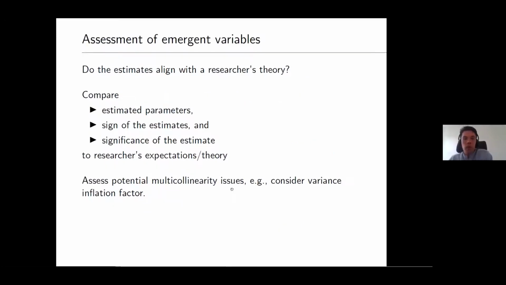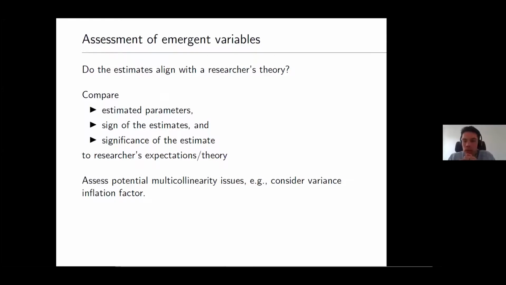Then we come to the assessment of the emergent variables. So this mainly refers to our estimates. And what we are doing here is we investigate whether the estimates align with our theory. So we compare our estimated parameters, the sign of our estimates, and their significance to our expectation to see whether they match.